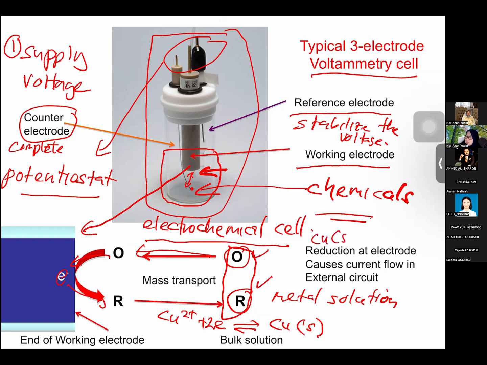Copper solid being oxidized will give out electrons, producing copper 2 plus. So this is copper in elemental form being oxidized to copper 2 plus. This is the basic, right?